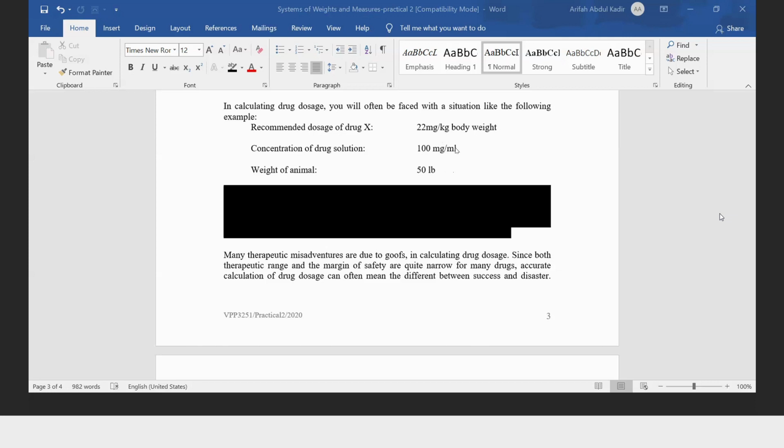Since 1 ml contains 100 milligram, 500 milligram divided by 100 milligram gives you 5 ml. Is that clear?